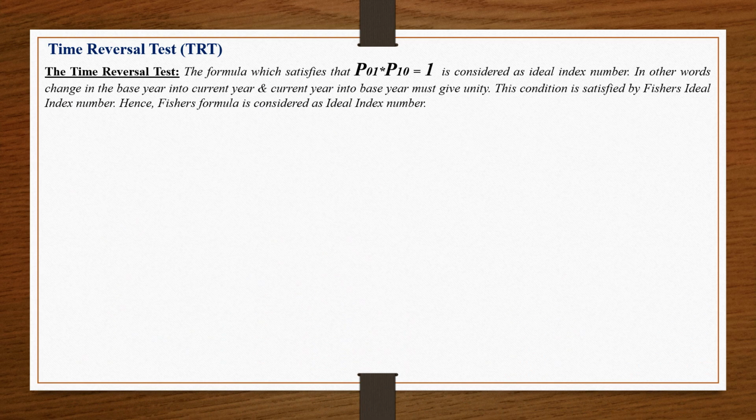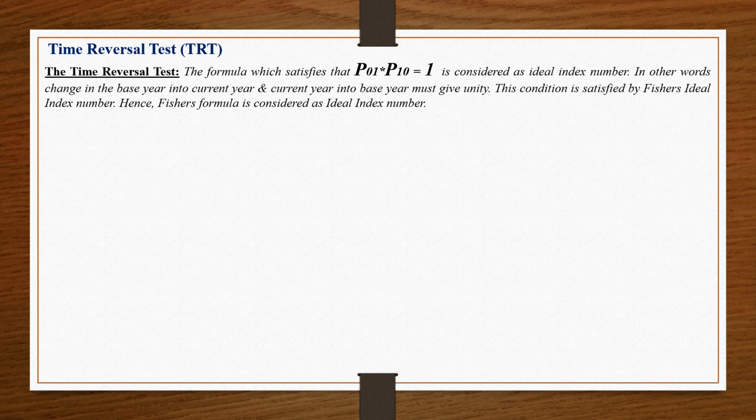Time reversal test, as the name indicates, is about when time has been reversed. According to the test, the answer should be 1, which is nothing but unity. Changing the base year into the current year and the current year into the base year must give unity.